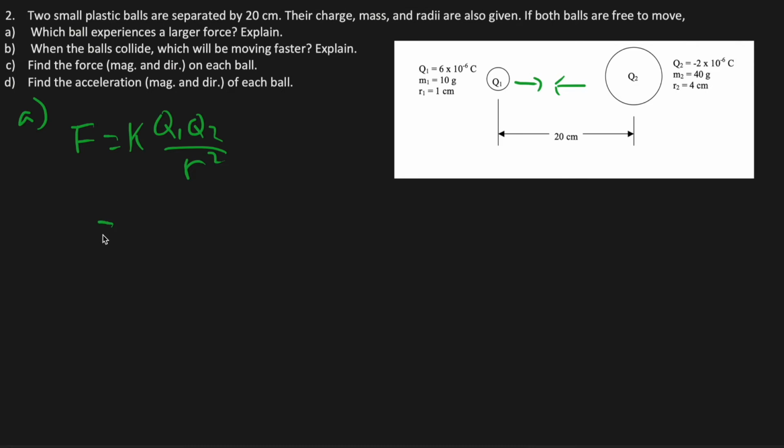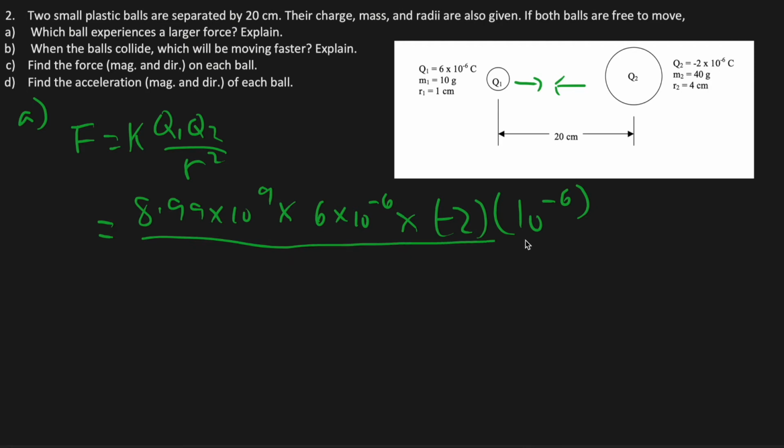So F is equal to the Coulomb constant, 8.99 times 10 to the 9th power, times charge 1, 6 times 10 to the negative 6, times charge 2, negative 2 times 10 to the negative 6th power, over the distance squared. R squared is equal to 20 times 10 to the negative 2, squared.